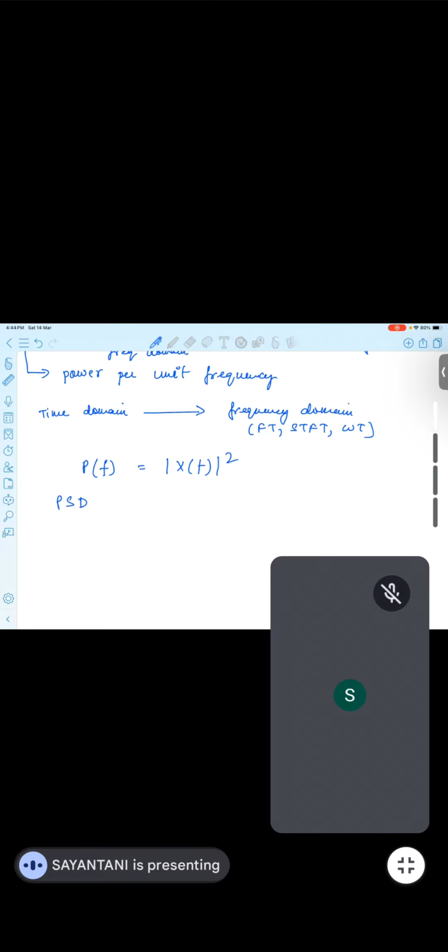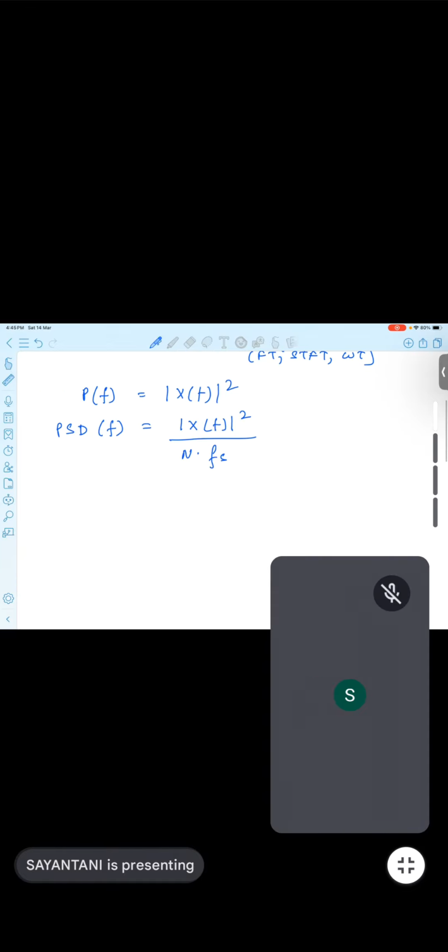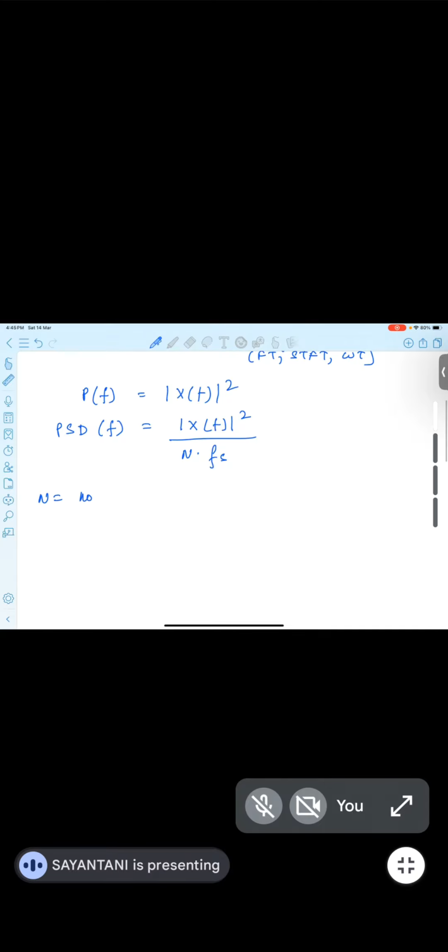But for obtaining power spectral density, that means you have to get the power per unit frequency. What we do is we take this frequency domain based signal's magnitude square divided by N into Fs. So what is N? N is the number of samples and Fs is the sampling frequency.